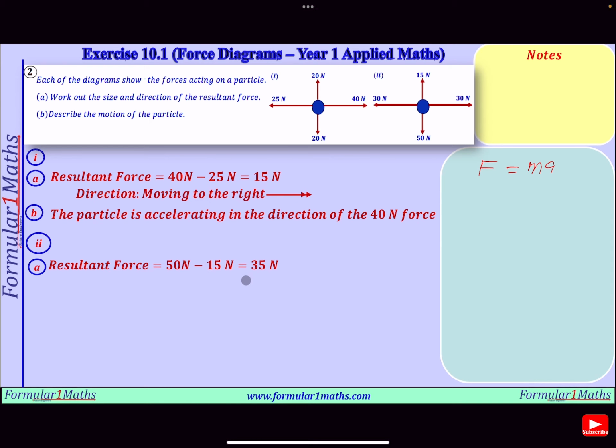So the resultant force is 35 newtons, and this is acting downwards. In the same way, according to Newton's second law of motion, whenever there's a resultant force, it produces an acceleration on the particle. And that means the motion will be described as an acceleration downwards. And that is question 2.